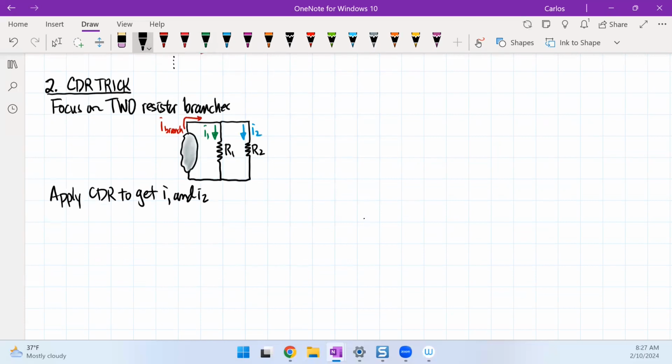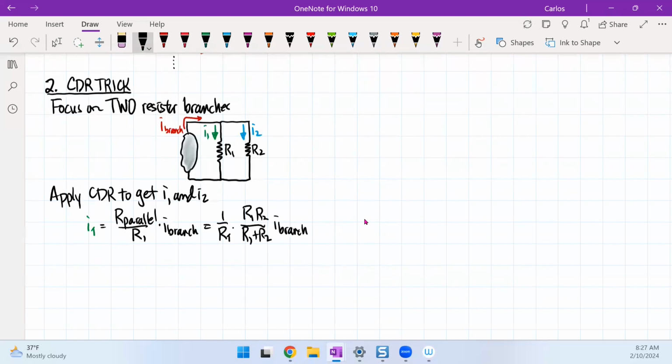So here I go. I1 now reads R parallel over R1 times the branch current. So look what happens. If I put in the actual values for R parallel, I have R1 times R2 over the combination of R1 plus R2, times I branch.